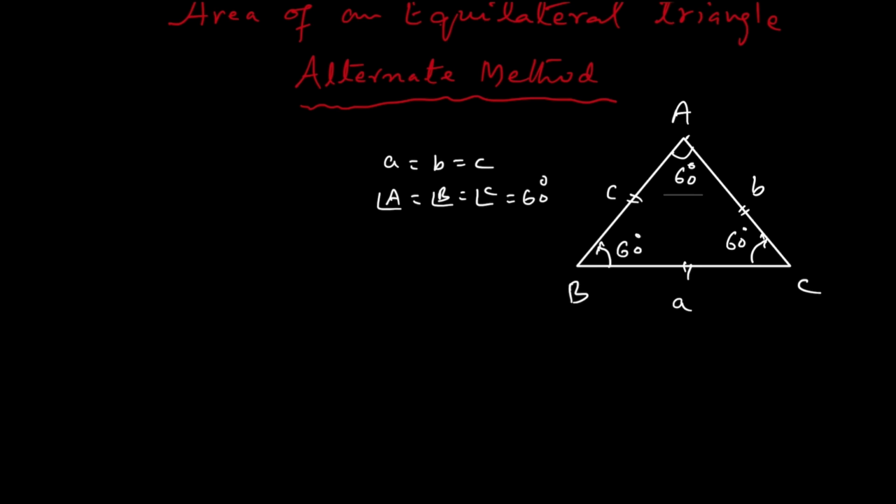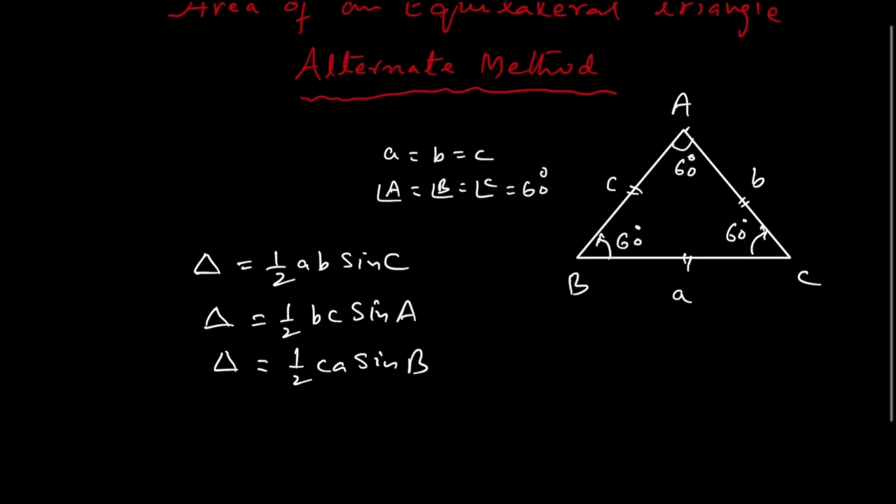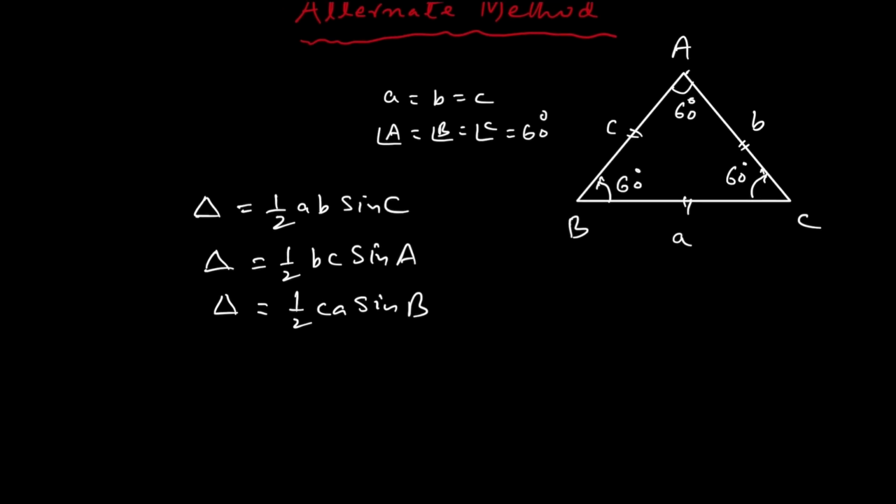In a triangle, the area of any triangle, not only equilateral, the formula is 1 by 2 ab sin C is equal to 1 by 2 bc sin A is equal to 1 by 2 ca sin B. You can utilize any one of these formulas for finding the area of any triangle, not only equilateral.